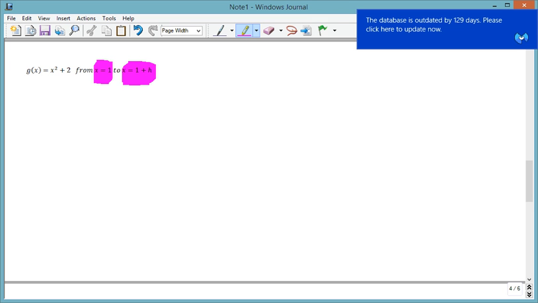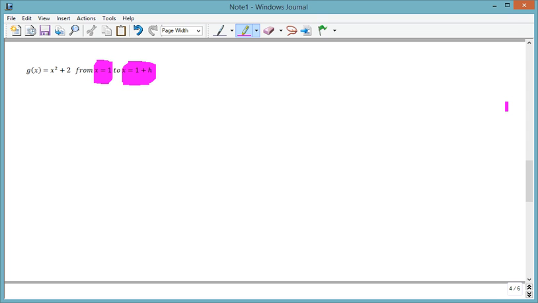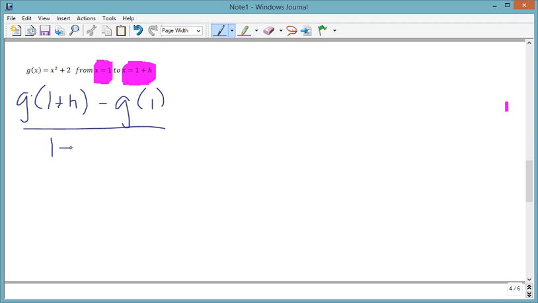I can say, oh, it's going to be really low, or it's going to be really high, or whatever, okay? But it's just a little bit bigger. So it's a change. It doesn't matter what it is, it's a change, okay? So I still plug it in the very same way. I'm going to do g of 1 plus h minus g of 1 over 1 plus h minus 1.